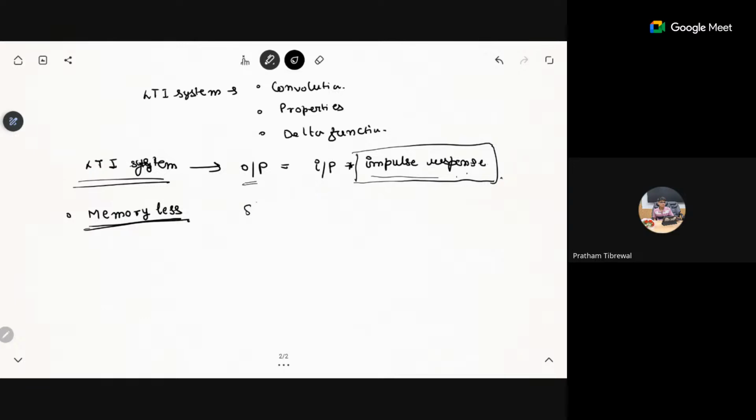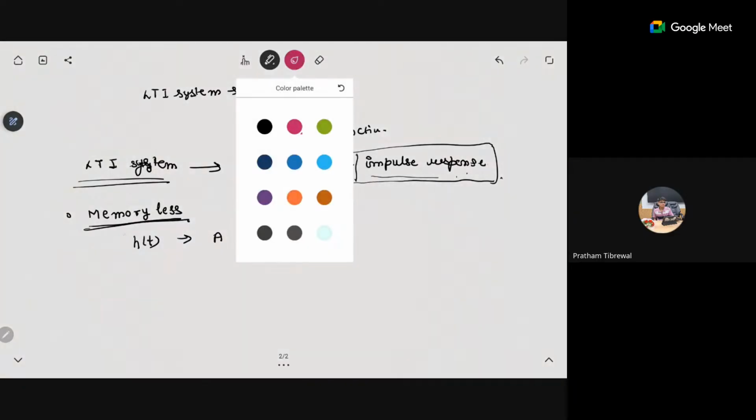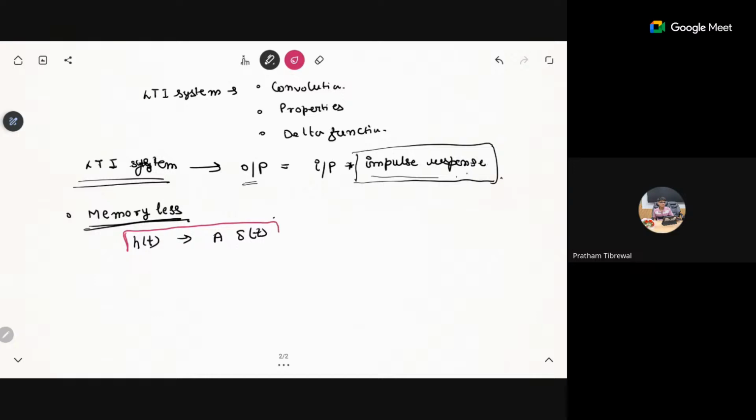A delta function, right? Yes. Okay, so you are correct. So the impulse response h(t) of the system should be any constant a multiplied with delta t. Anything apart from this will result in a memory-based system.